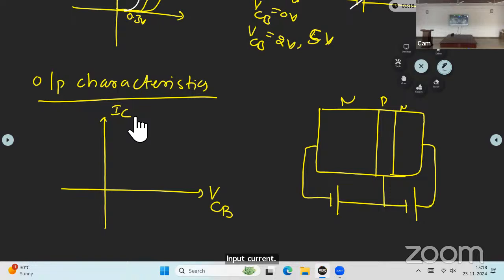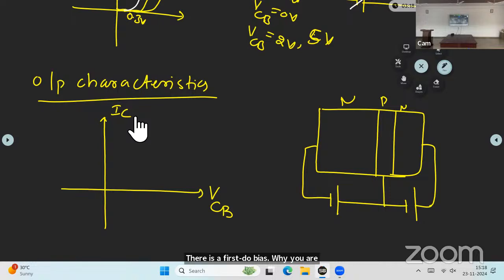Why? Why not voltage? Does voltage not affect the output characteristics? If you are applying the input voltage, that is the emitter base voltage, what will happen? There is a positive bias. Why are you keeping the biasing?